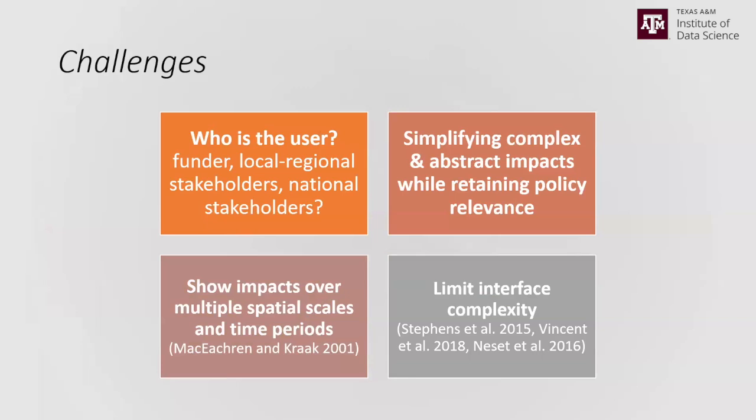So some of the challenges we encountered along the way: who's the user? A lot of different people we wanted to keep happy here. The funder, GLO, our local and regional stakeholders, and even national stakeholders we directly consulted with on the project.